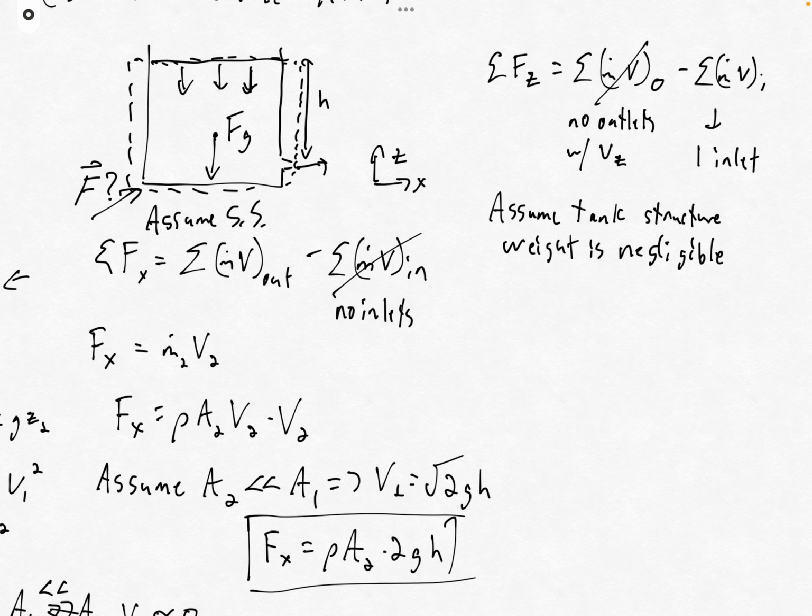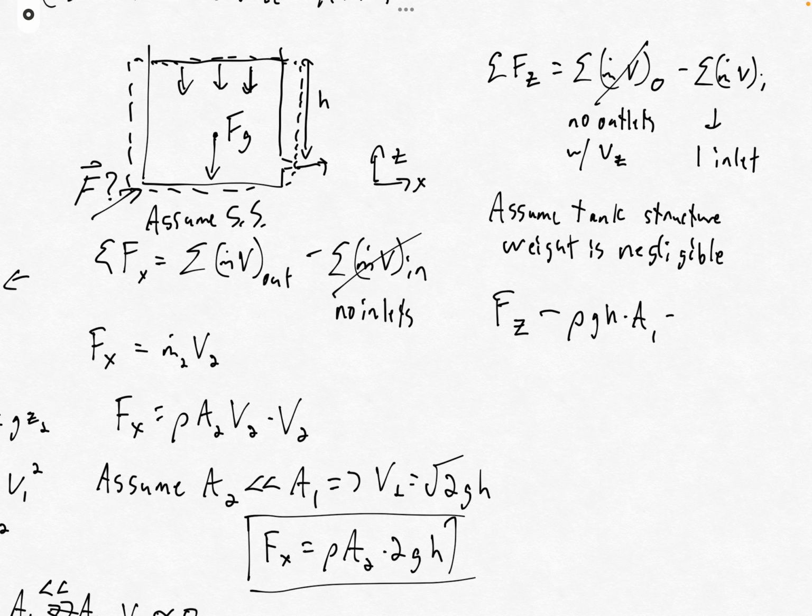And so if we do that, we're going to end up with Fz, the z component of the holding force that we're trying to keep track of, minus the weight of the fluid in the tank, which is just going to be rho, the density of the fluid, times g, times the volume of the fluid, which in this case is going to be h times A1, the area of the tank. And it's negative because this force is acting downwards.